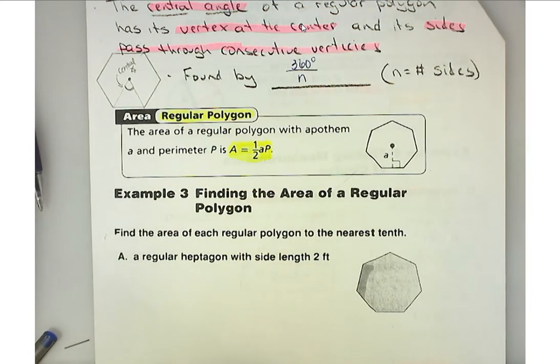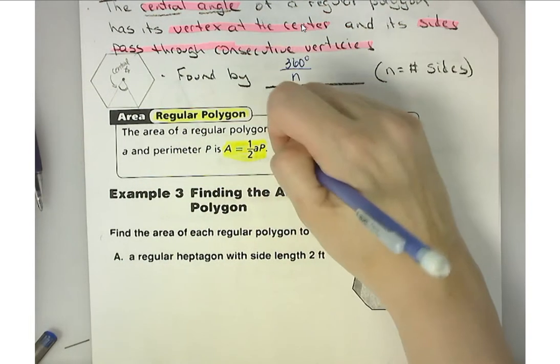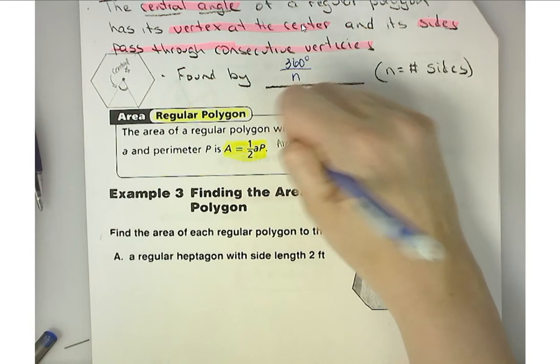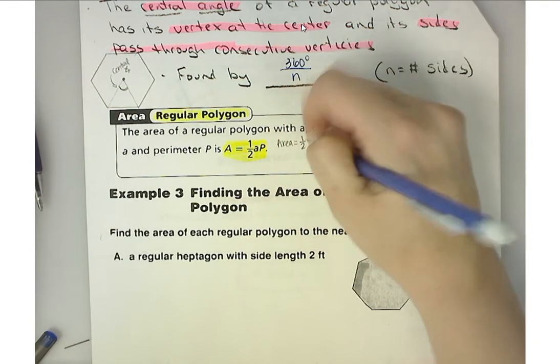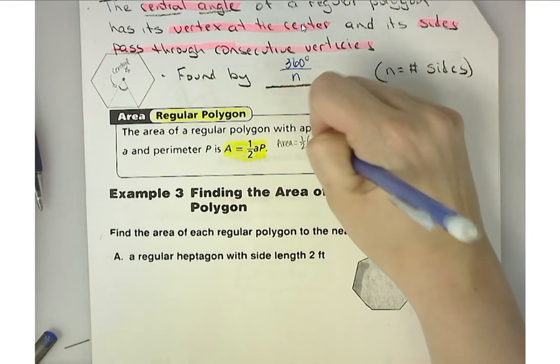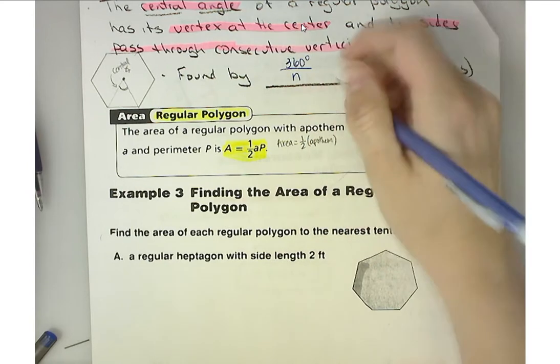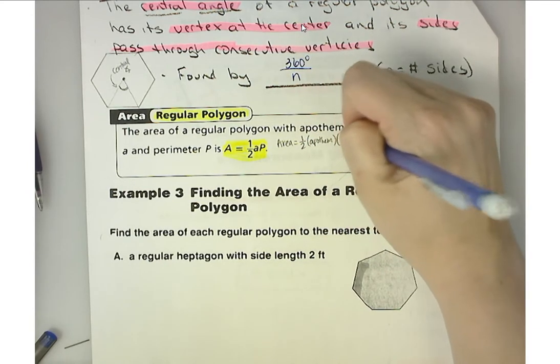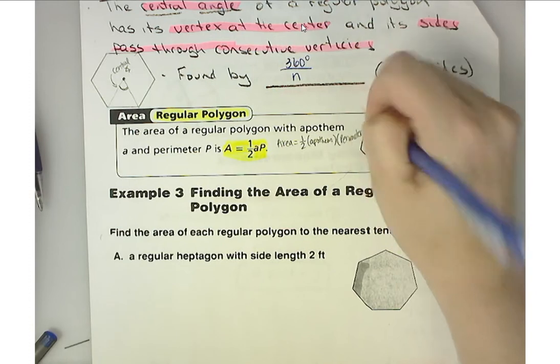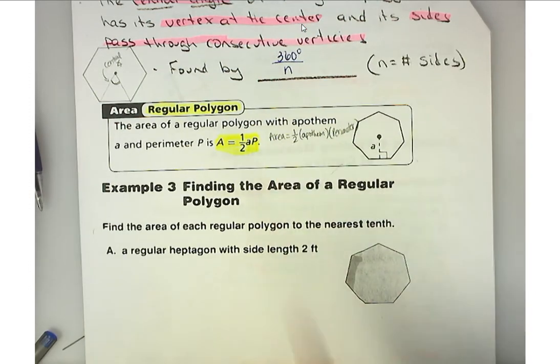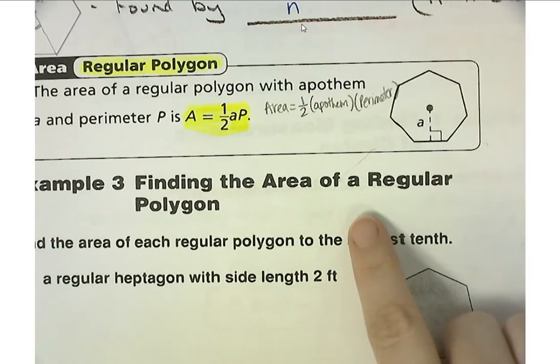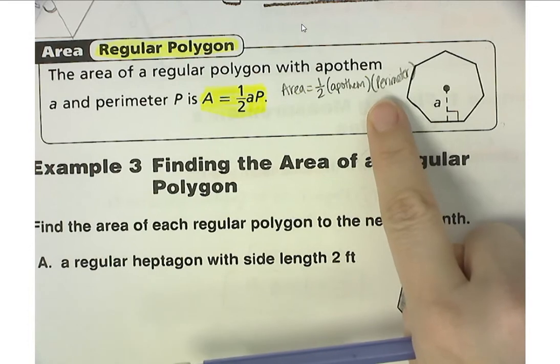The area of a regular polygon is equal to 1/2 multiplied by the apothem multiplied by the perimeter. So the area equals 1/2 times the apothem times the perimeter.